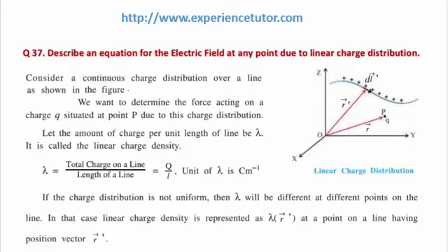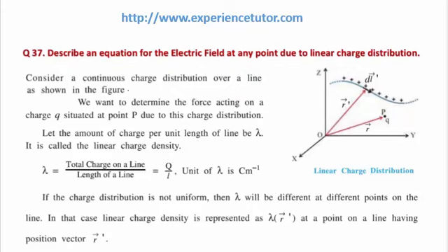Let the amount of charge per unit length of line be lambda. It is called the linear charge density. Lambda is equal to total charge on the line upon length of the line, which is equal to Q upon L. Unit of lambda is coulomb per meter.